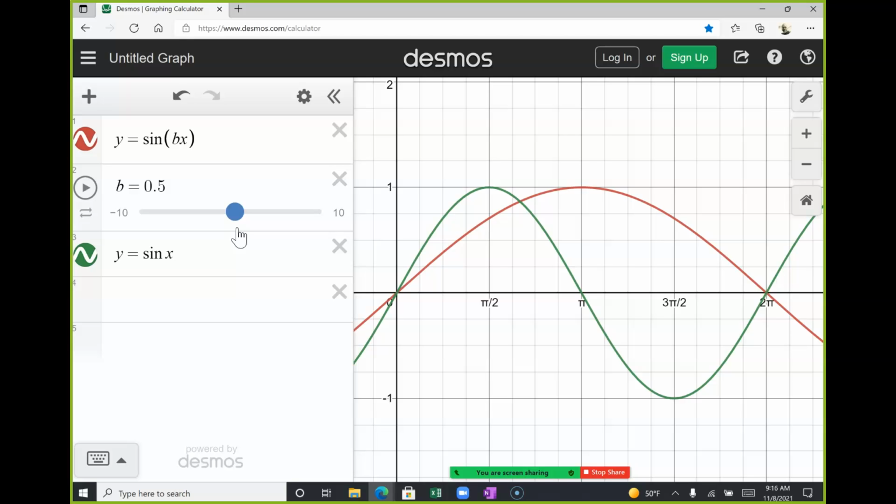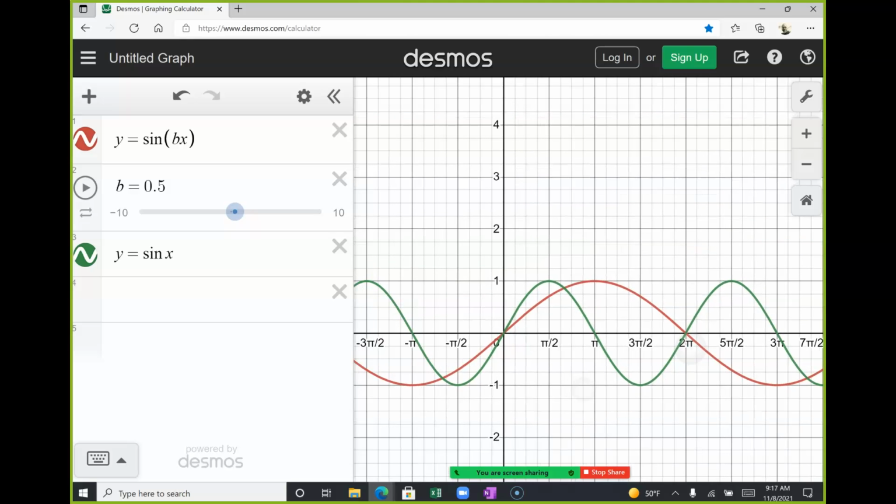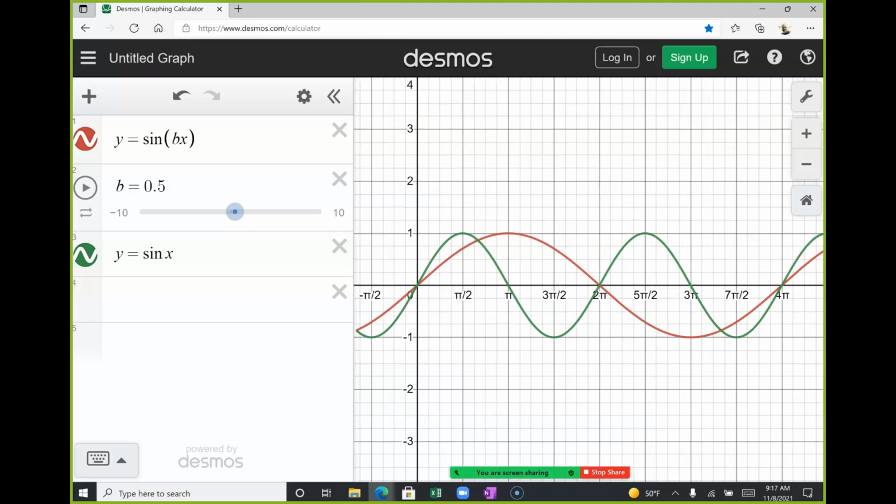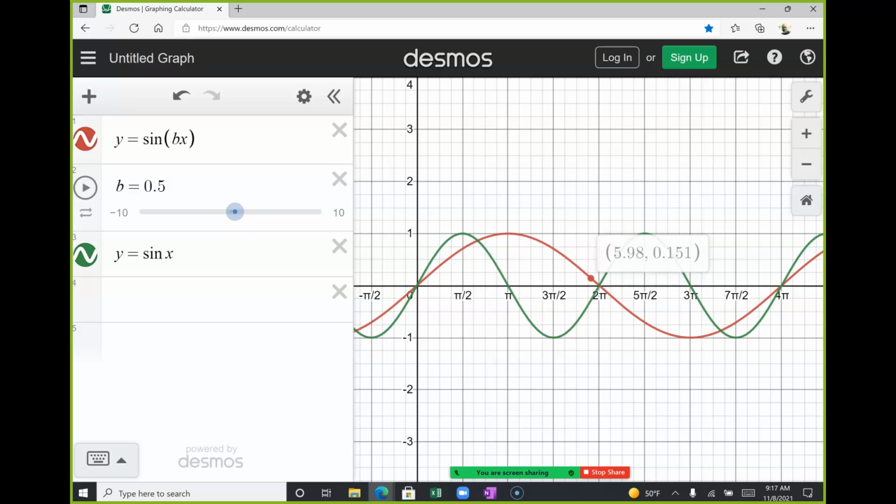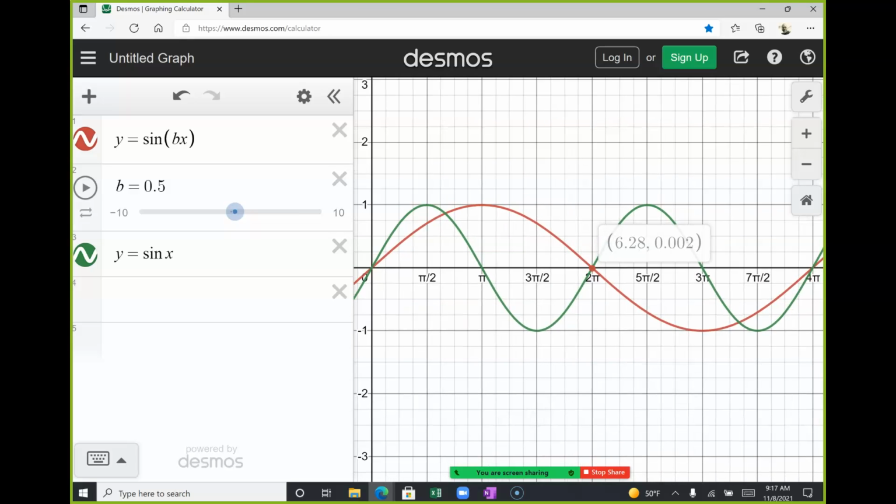Okay, that makes sense now. And if I go out to 4 pi, now you can see in red the whole sine curve. Because inside of 2 pi it does half of the curve, that means inside of 4 pi you do the whole thing, right?